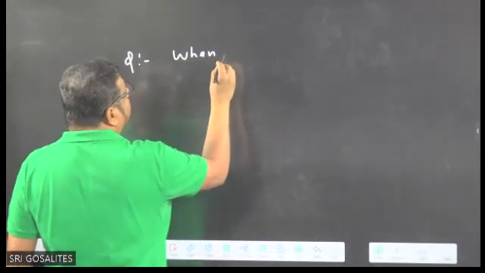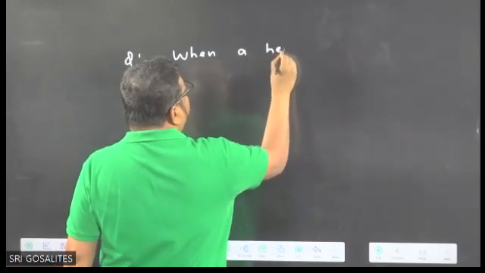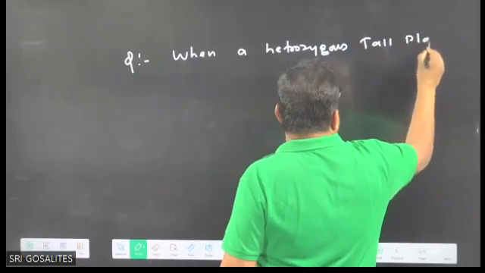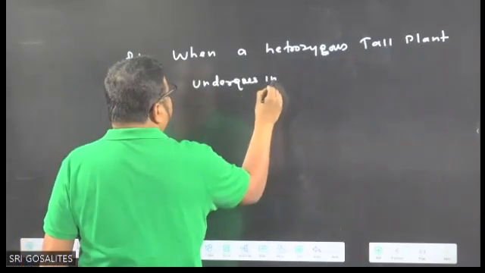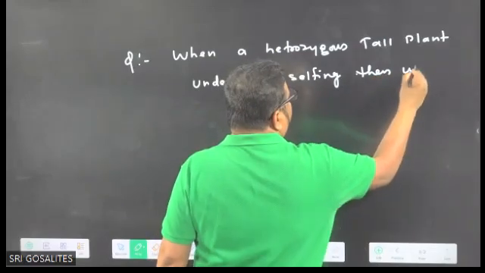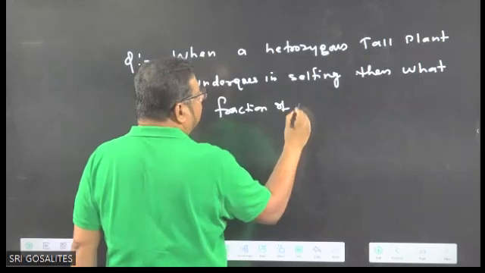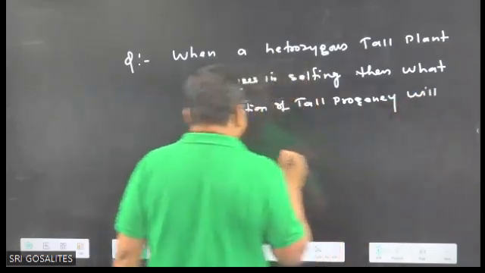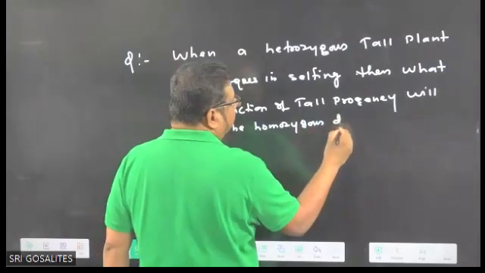When a heterozygous tall plant undergoes selfing, then what fraction of tall progeny will be homozygous dominant?